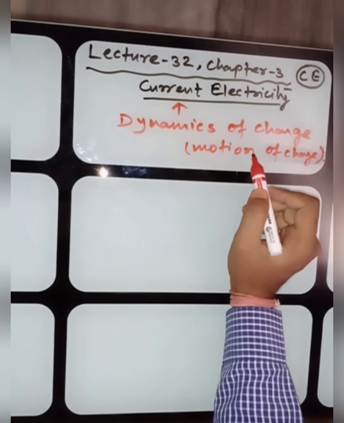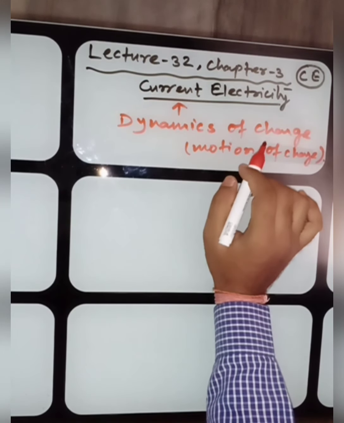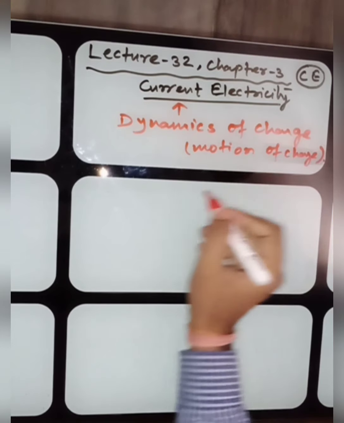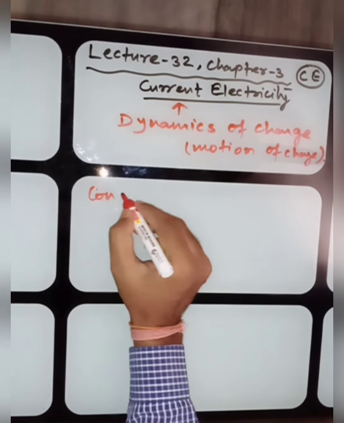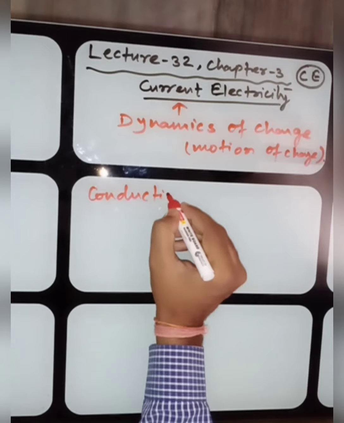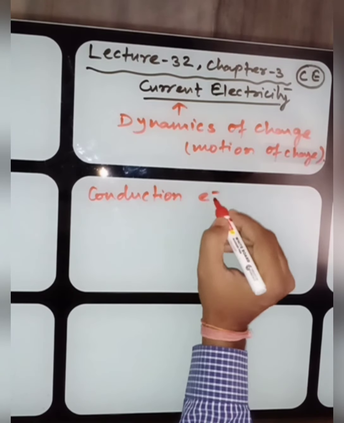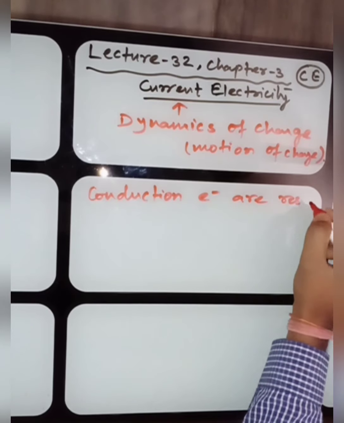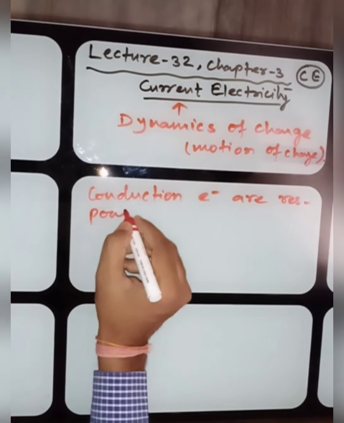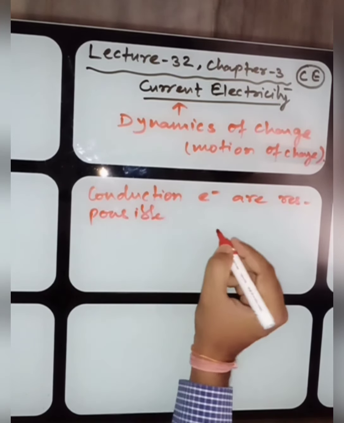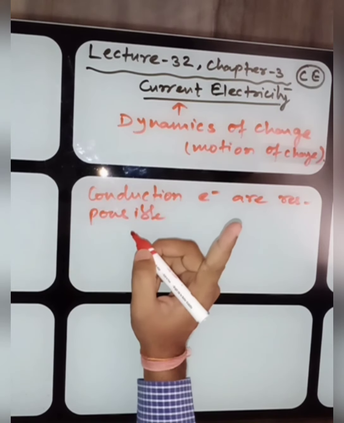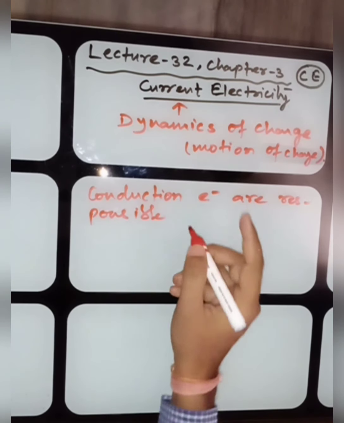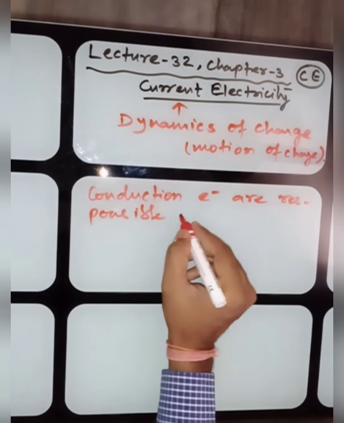What does it mean? The dynamic means the conduction electrons. Remember, conduction electrons are responsible for electric current. And the conduction electron, what does it mean?